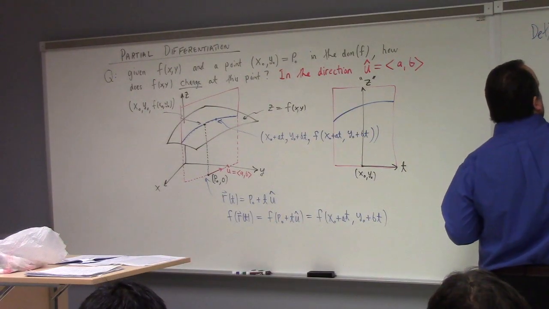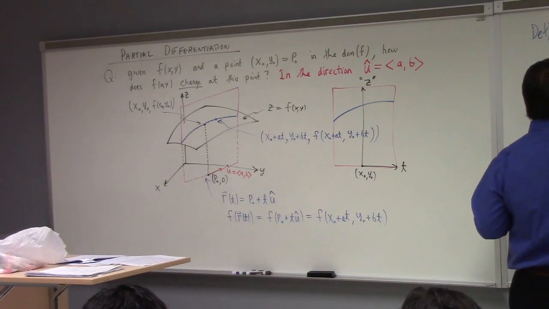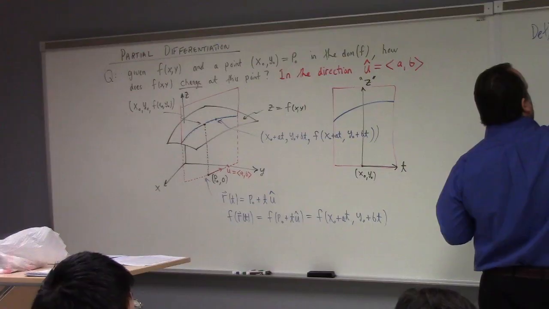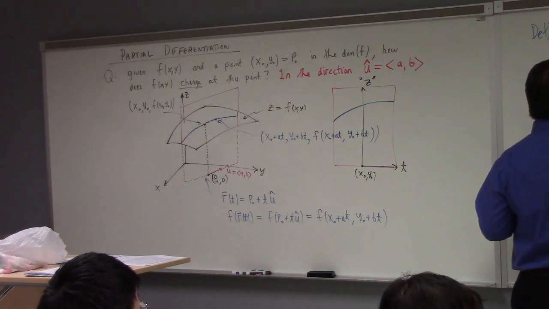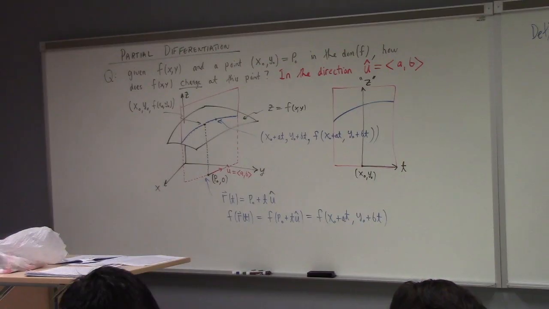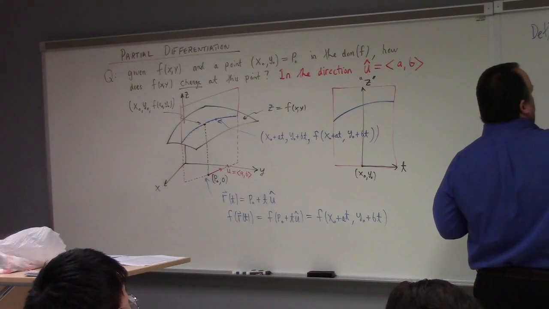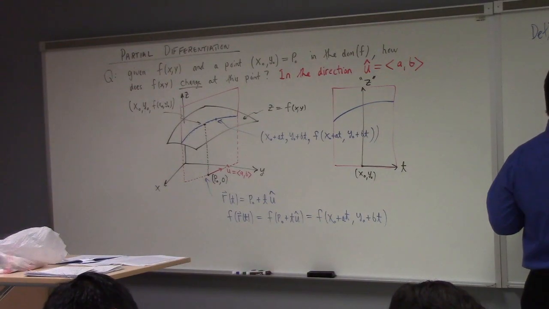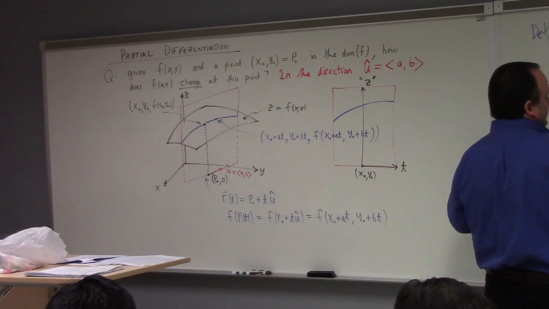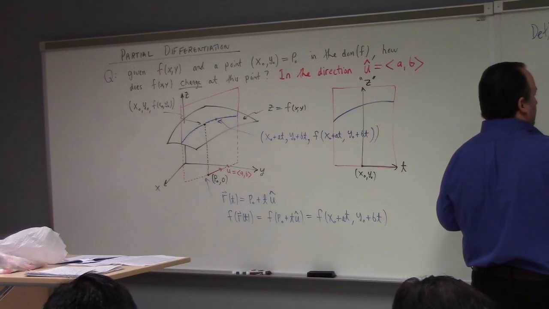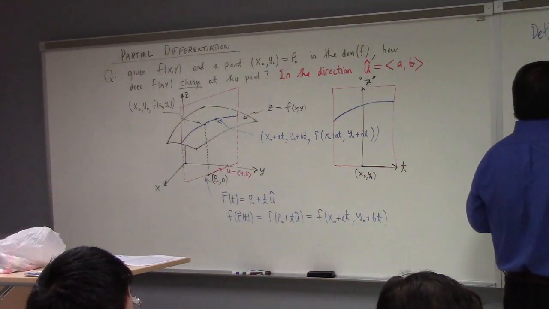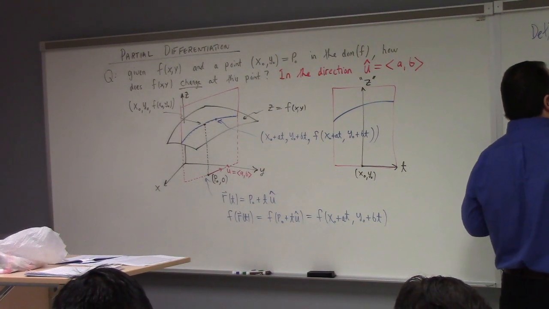The directional derivative of f of xy at x naught, y naught in the direction of a unit vector u hat equal to a comma b is defined by, well, first of all, this is the notation for it. Big D sub u hat f of p naught.